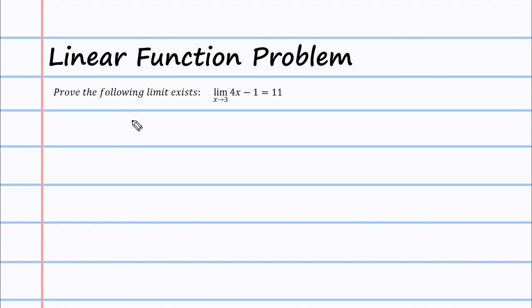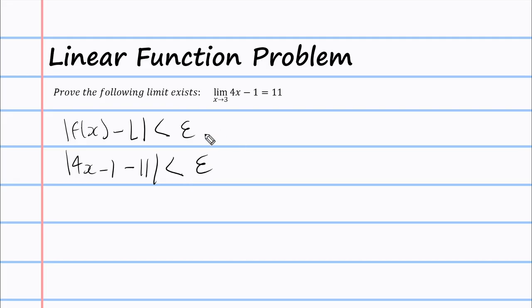How do we do that? Well, we first start with the absolute value of f(x) minus L is less than epsilon. In this case, that's just the absolute value of 4x minus 1 minus 11 is less than epsilon. That's the first step.